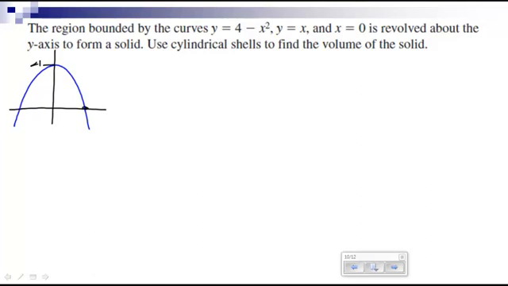Do we know what these points are? -2 over here. +2 over there. Okay. Now Edmund did this. Something like this. This point right here. Now, 2 would be right here.